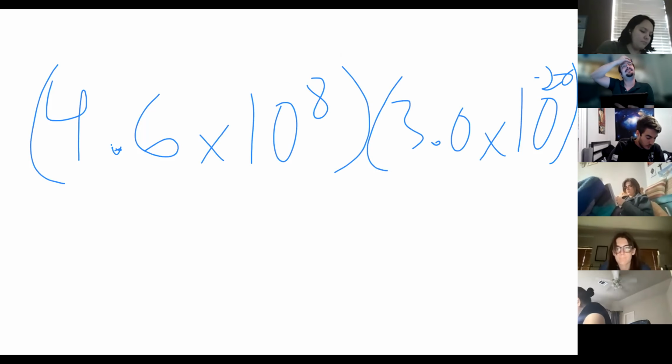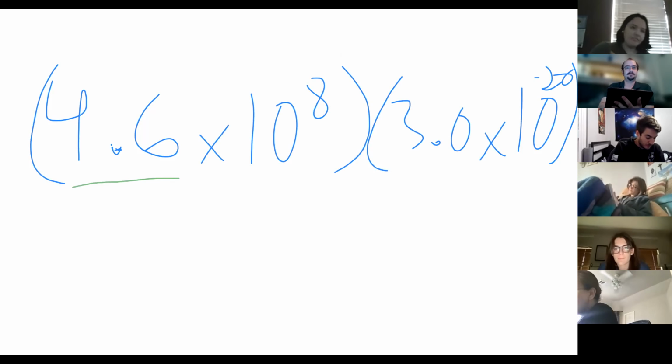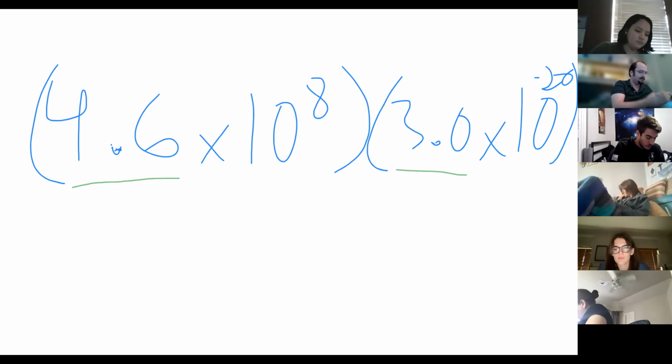Okay, so I just want to see if my answer is right. I'll explain kind of what I did. I multiplied. I looked at the 4.6 times 3.0, got that, and then times 10 to the, I have negative 20 as one exponent, and then plus 8.